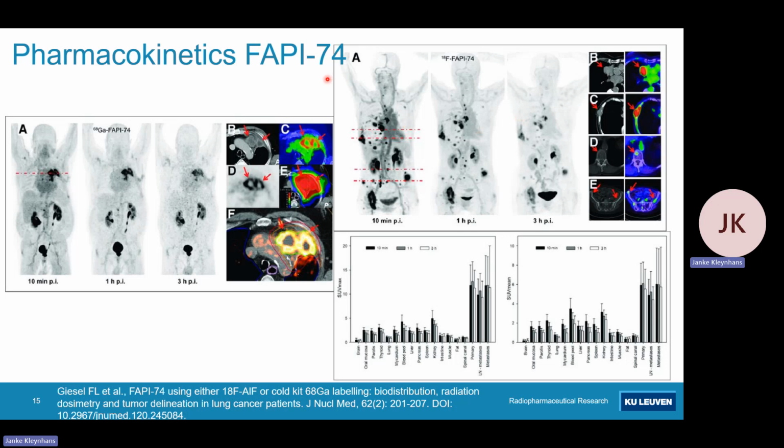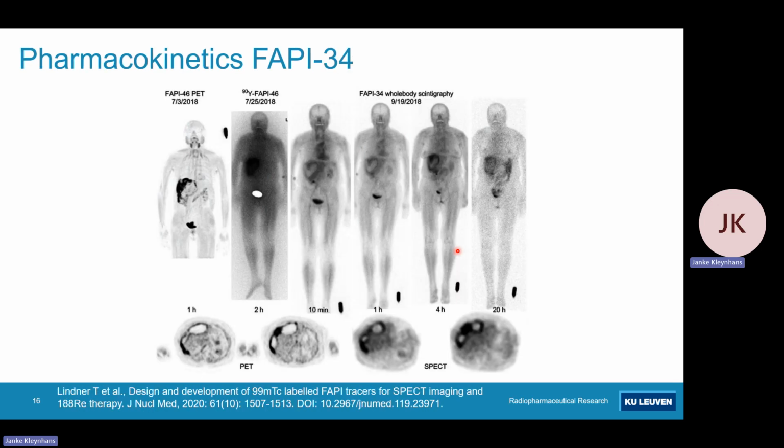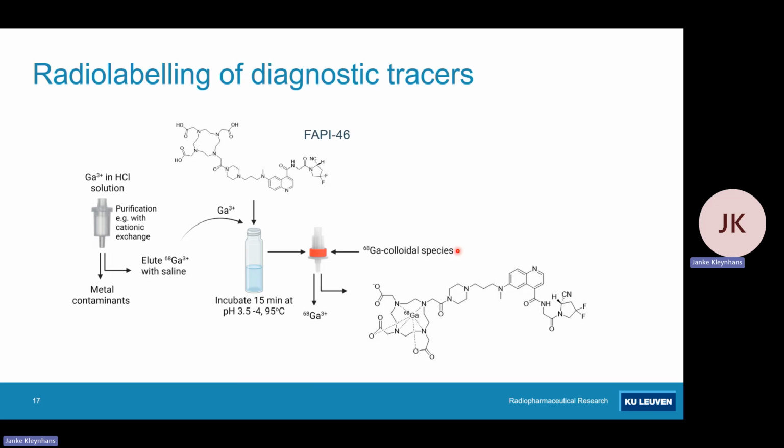FAPi 74 here, same story, but it's really good for imaging. And here it's nice to see that they compared the gallium FAPi 74 with the aluminium fluoride FAPi 74, and you can see that they are equal. Well, they found them not to have a big difference. FAPi 34, I just added here for completion.